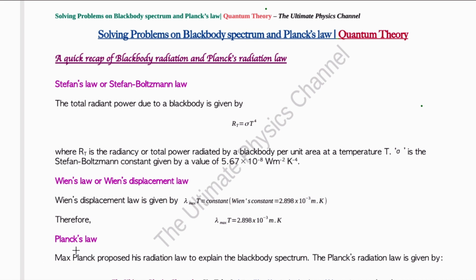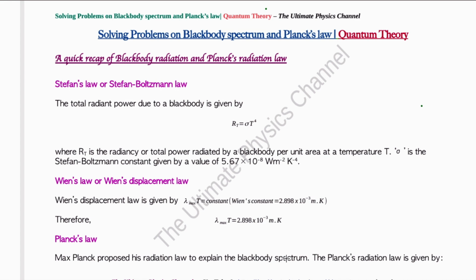The most important law in the black body radiation is the quantum radiation law given by Max Planck, which is called the Planck's law. Max Planck proposed his radiation law to explain the black body spectrum.